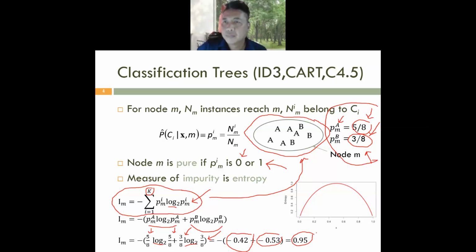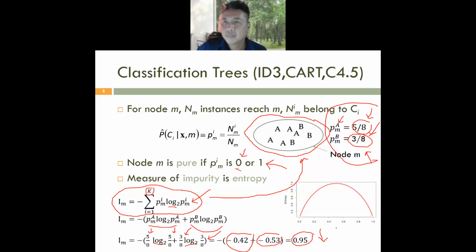Since we have 5 versus 3, we do not have a pure grouping. So the objective is to minimize this. If a particular group belongs to a single class, then the value for the entropy will be 0. Otherwise, it will become nearer to 1.